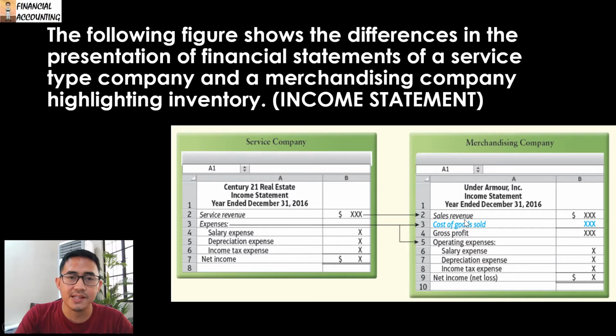Because every time you sell something in a merchandising type of business, that something has a cost to you. For example, you bought a ball pen worth 10 pesos and you sold it for 15 pesos. So your sales there is 15, your cost is 10 pesos, and your gross profit is 5 pesos.